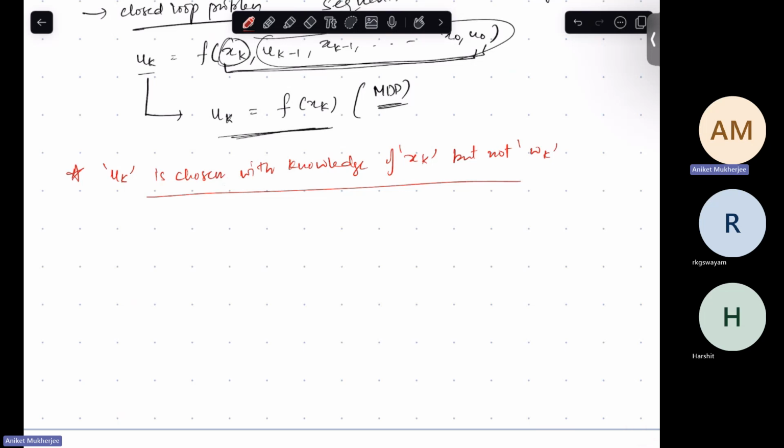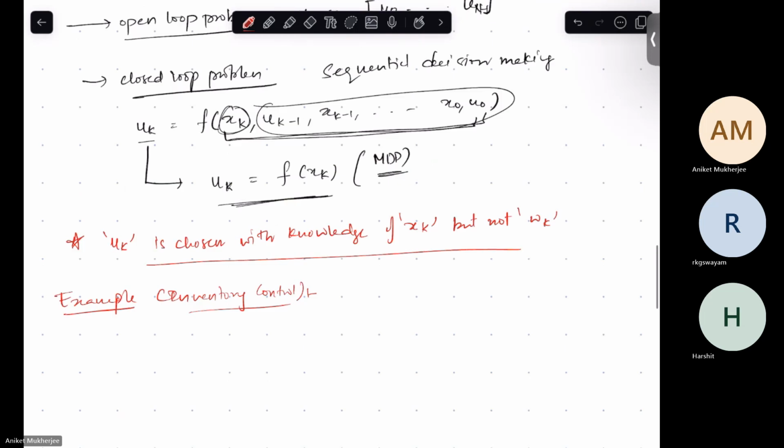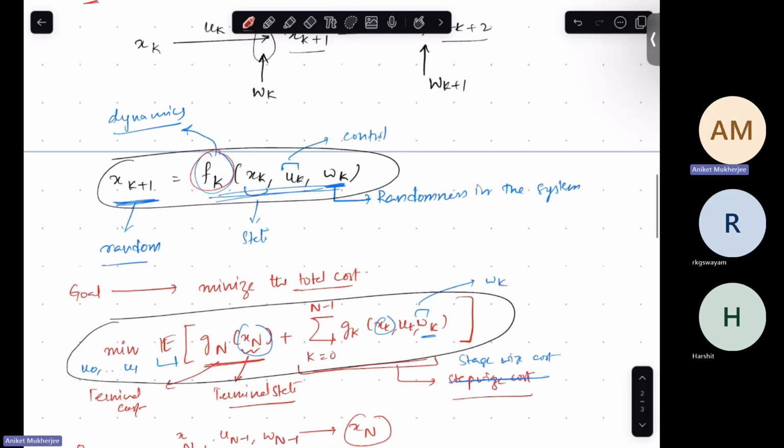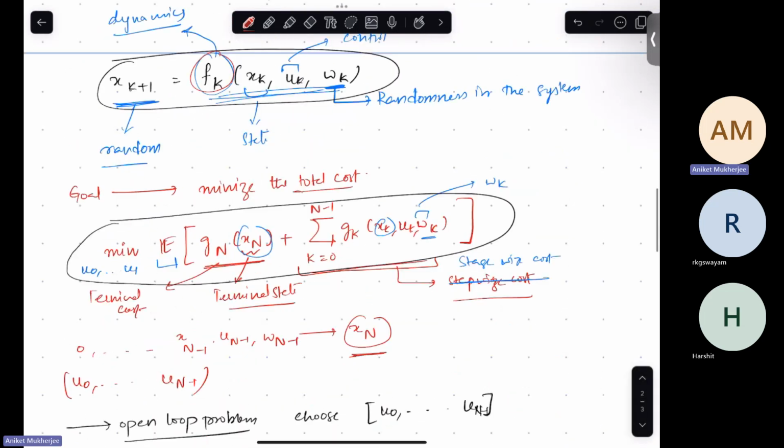First I'll give an example of a problem: the inventory control problem. Once we see the example today, we will not go into solving any problems. I just want to give you an intuition that making decisions on u0 to un minus 1 directly is too difficult. You can't give u0 to un minus 1 exactly.